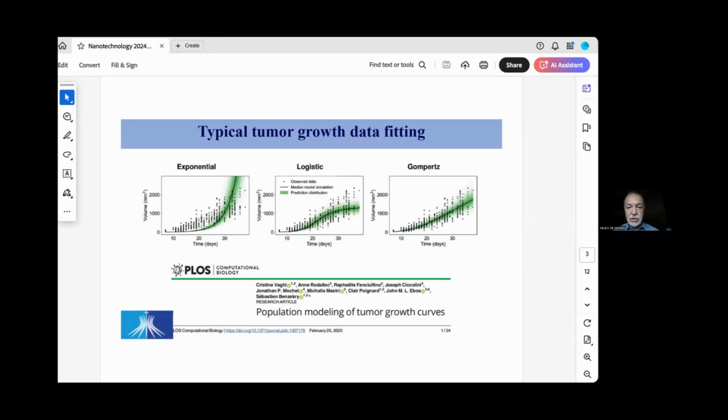This is the basic difference between logistic and Gompertz. The exponential one doesn't go to an asymptotic behavior. It is typically the Malthusian growth of a population, in this case the population of the cells in the tumor.